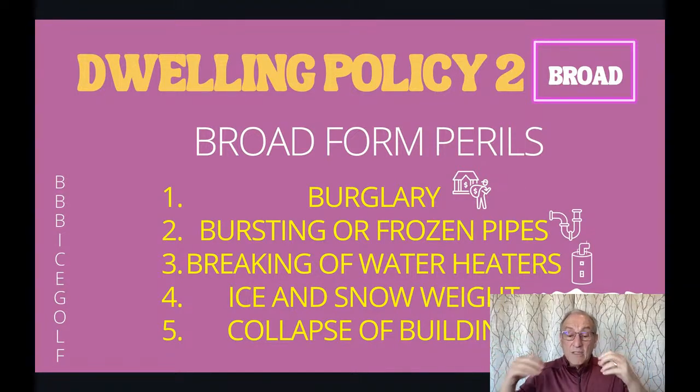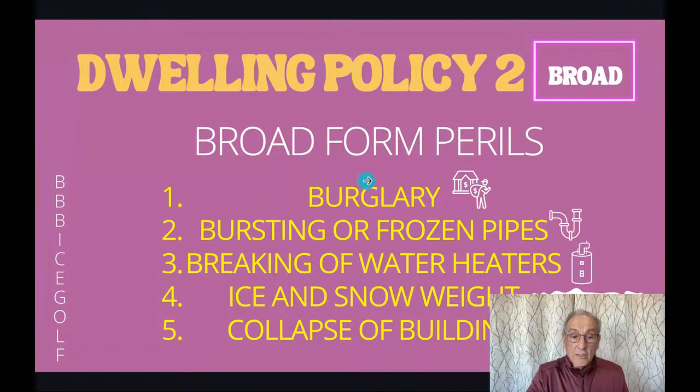If it gets damaged, they want it replaced as quickly as possible. This policy is far better than the DP1. But also, they want covered the loss of rent. If I have these renters paying me $5,000 a month and they can't live there anymore, I not only lost the house, but I lost the rental income. We can get that on the DP2.